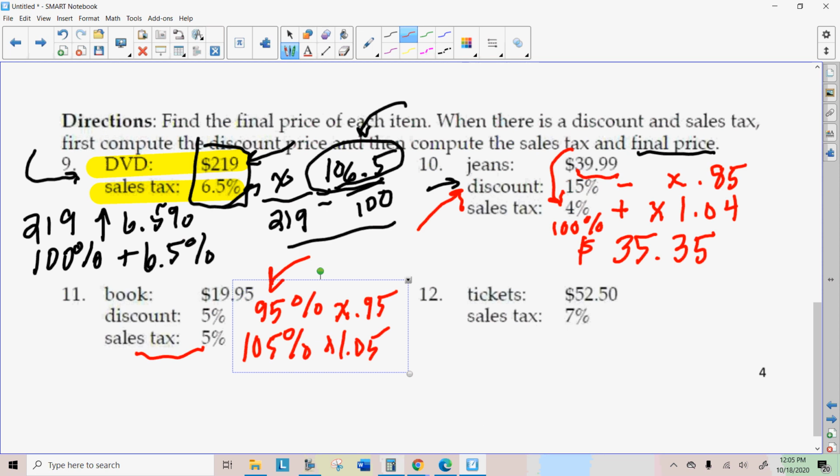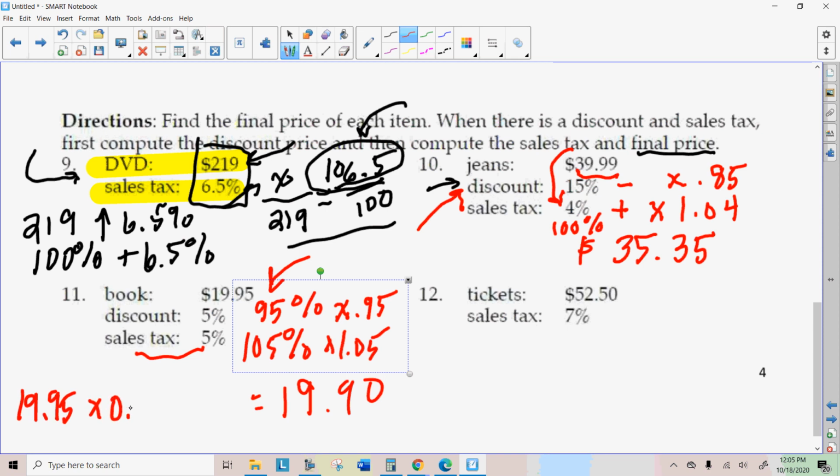And doing all that work, go ahead and do that and see what you get. Rounded to the nearest cent is $19.90.